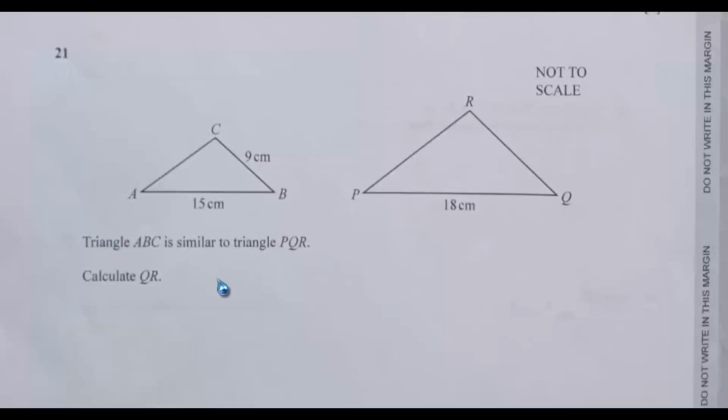So I can say AB over BC is the same thing as PQ over QR. You can also take it in another order: AB over PQ is the same thing as BC over QR. So you still get the same thing.